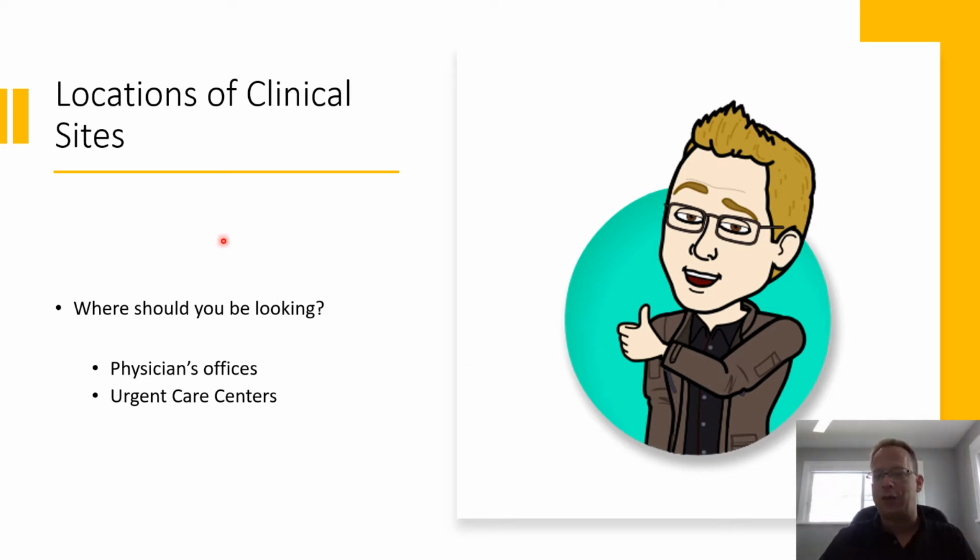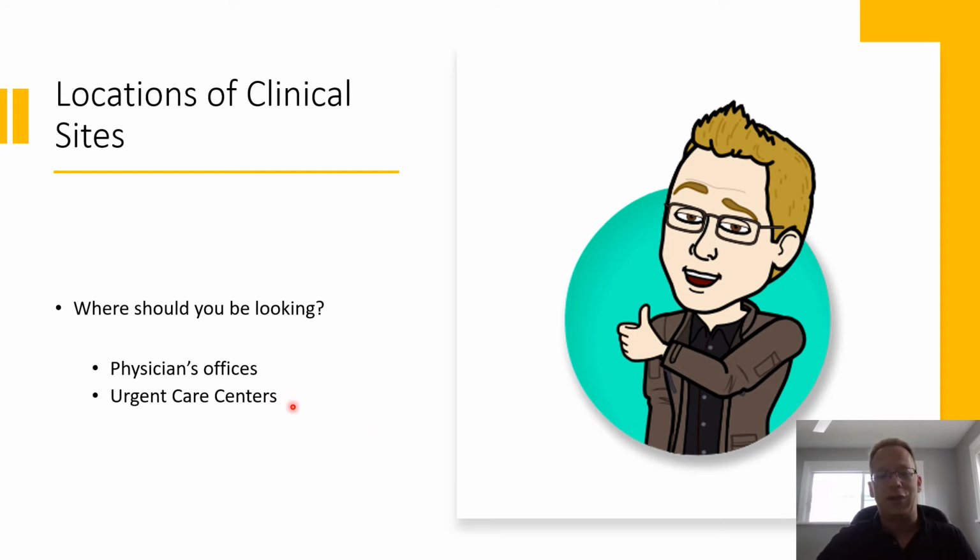So locations for clinical sites. Where exactly should you be looking? Basically, it all has to do with what your schedule is and what your schedule allows. Let's say you work during the day, let's say until 4 p.m. Obviously, doctor's offices is not your best bet.